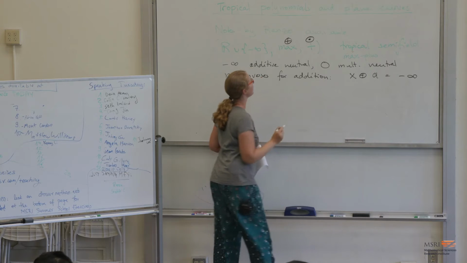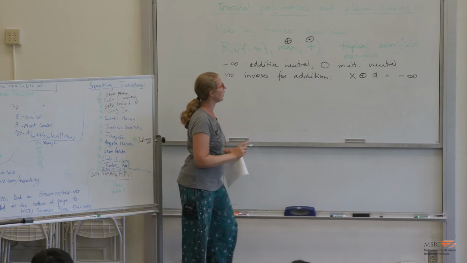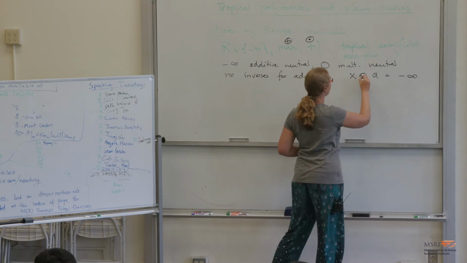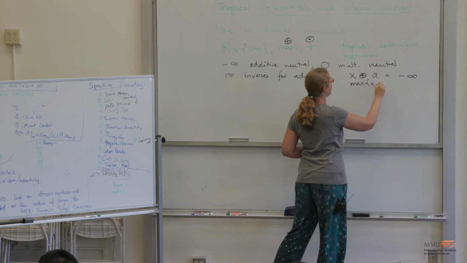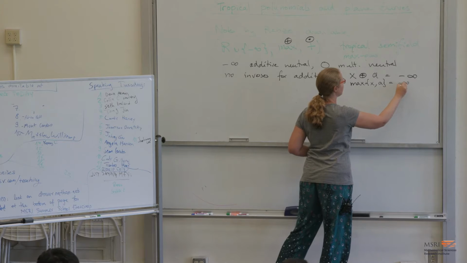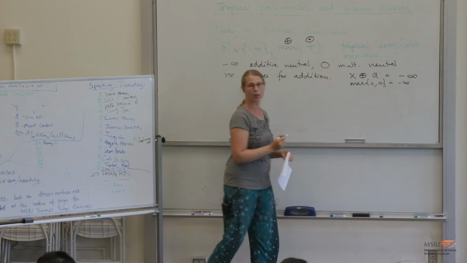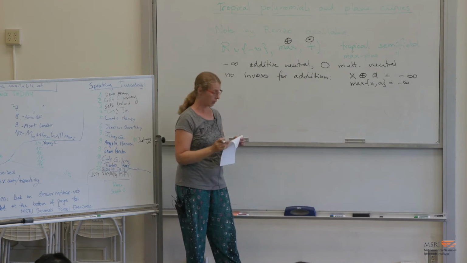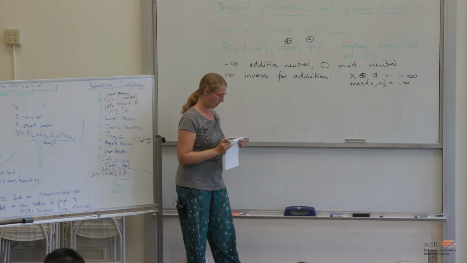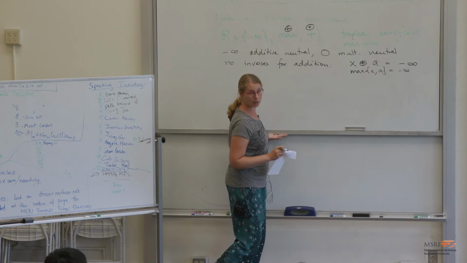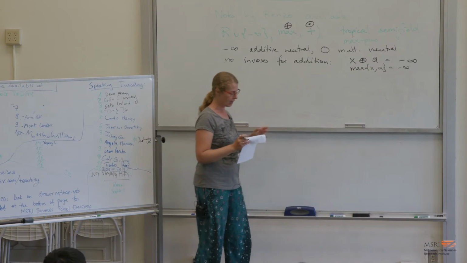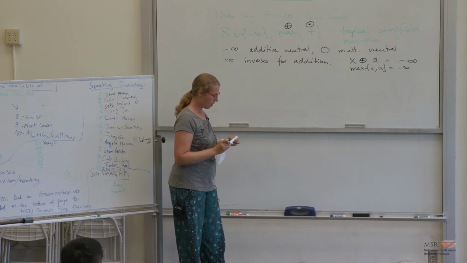This is the tropical times, also a circle around it. So x tropical plus a equals minus infinity means the maximum of x and a should be minus infinity. I have a fixed a, I want to solve for x, it doesn't work, right? So in general, we do not have inverses for addition, meaning we cannot subtract in the tropical semi-field, which is a bit sad, but okay, that's how it is.